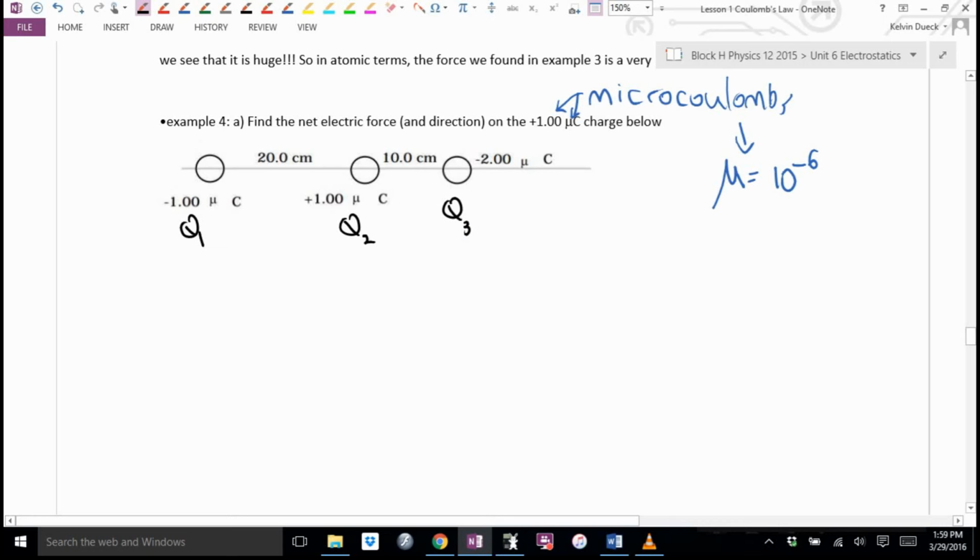What charge do I want to find the net force on, Spencer? Q2. So here's what I'm going to do. I'm going to find the force from Q1 on Q2, magnitude and direction. That's going to be K, Q1, Q2, all over R12 squared.